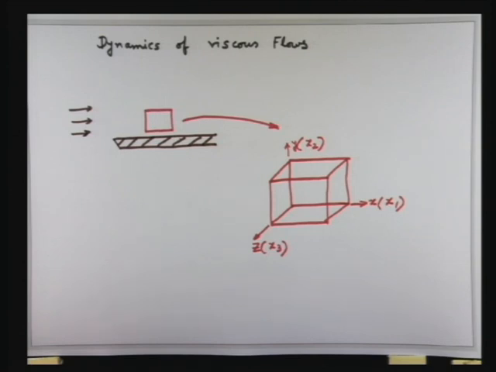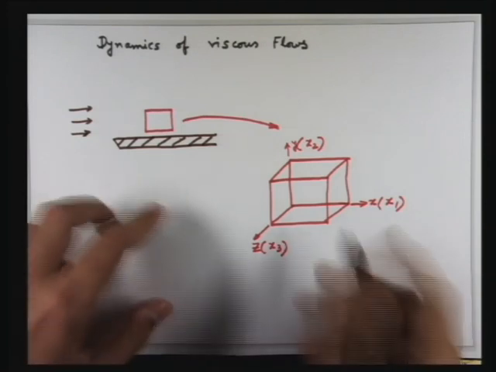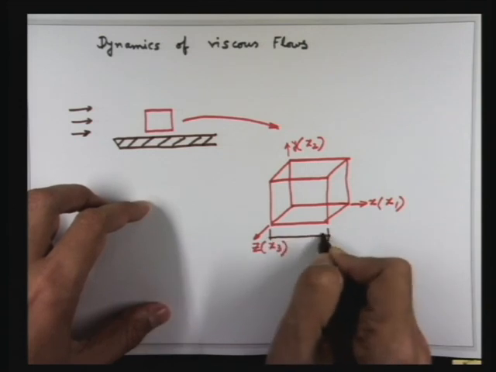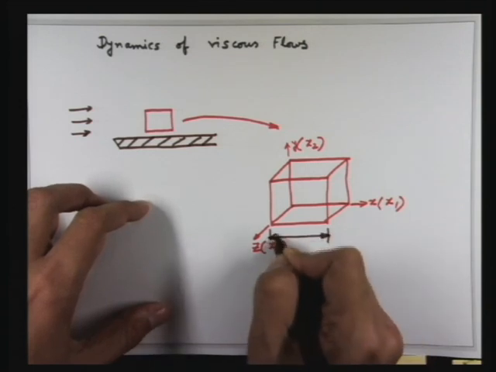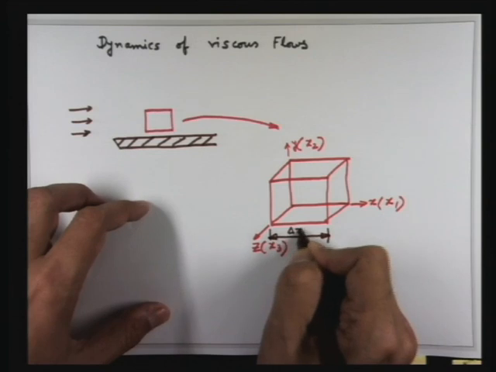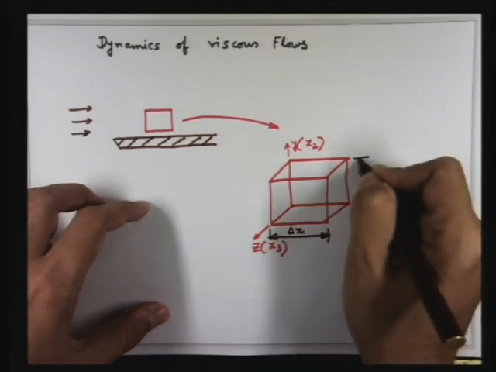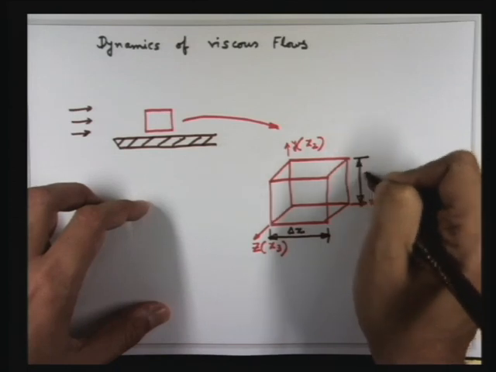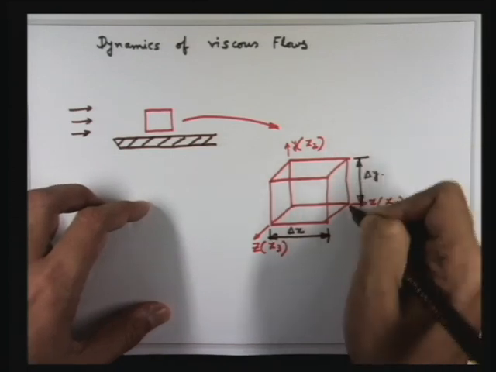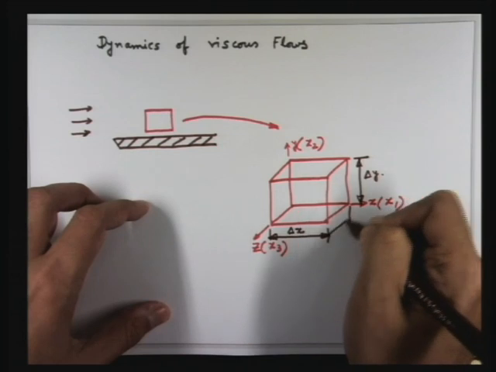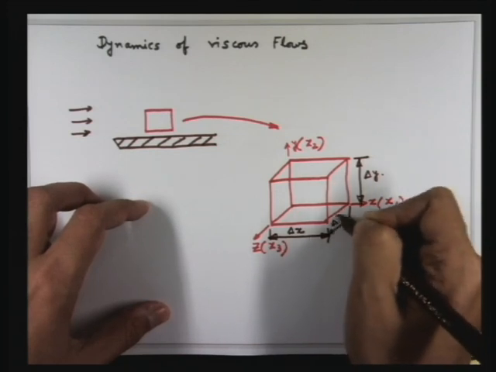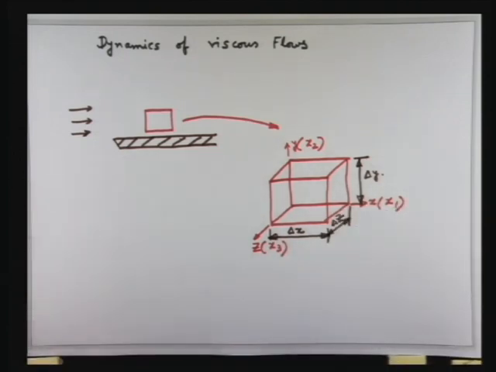Now let us give some dimensions to this control volume: delta x, delta y, delta z.